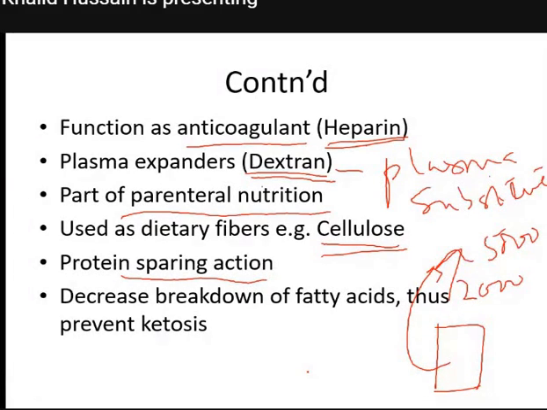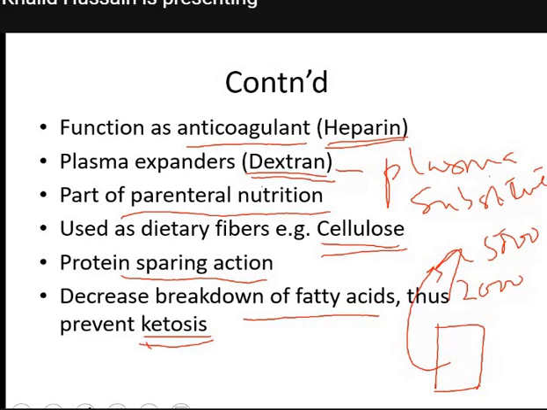The same is the case with fatty acids. When the person is not taking carbohydrate, the fatty acids are broken down, and when the fatty acids are broken down, they produce a condition called ketosis.